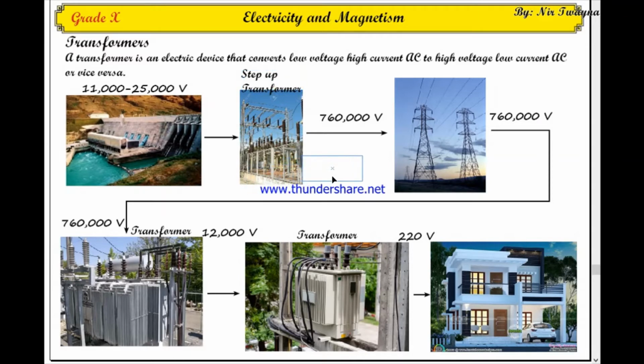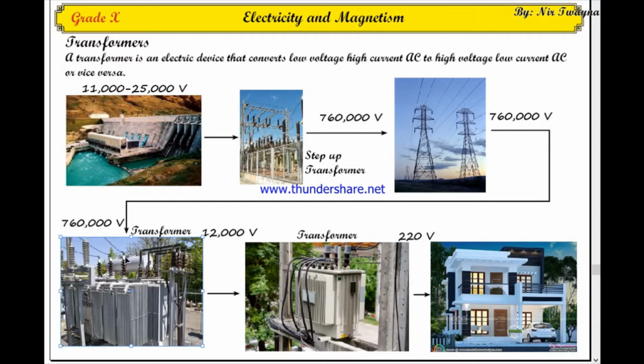Okay, got it or not? This is called input voltage, this is called output voltage. If output voltage is greater than input voltage, then it is called a step up transformer.